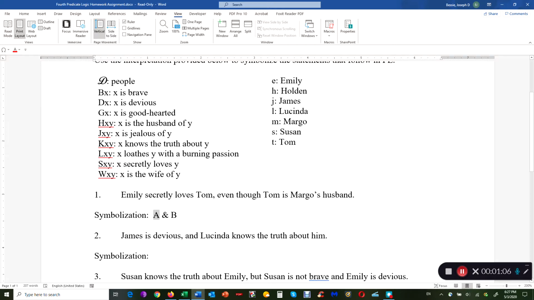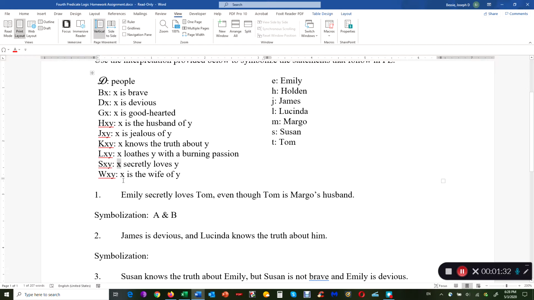So we want to say Emily secretly loves Tom. So we use the S. Remember, SXY means X secretly loves Y. So if we want to say Emily secretly loves Tom, you can just put the E in the X place and the T in the Y place, and that shows you where they go in this symbolic expression. They would be like that, S-E-T.